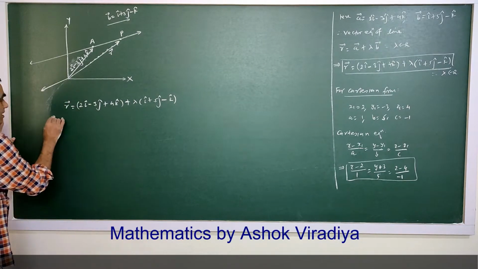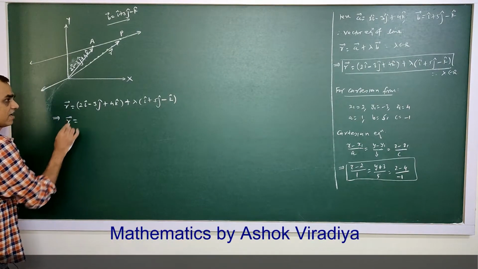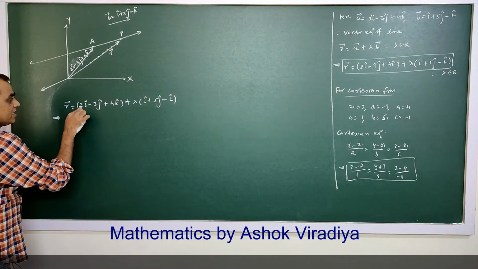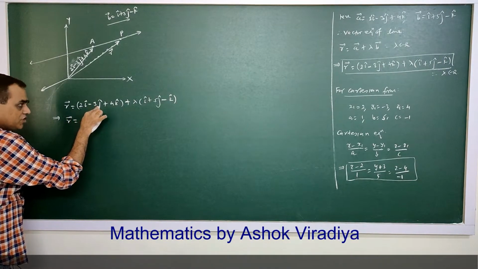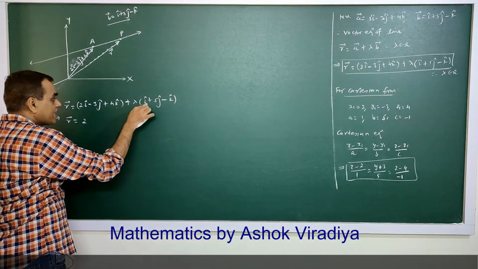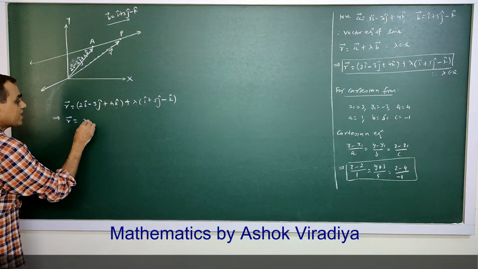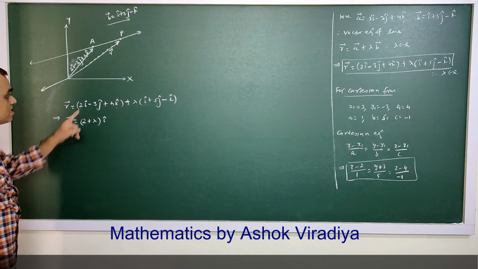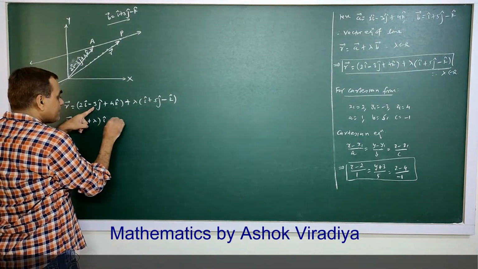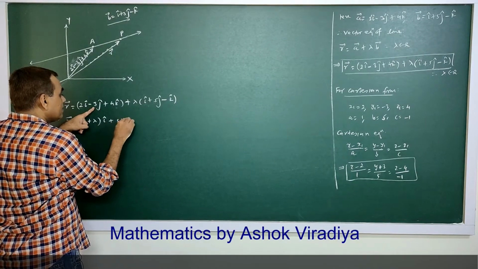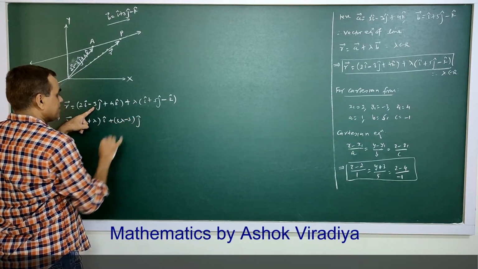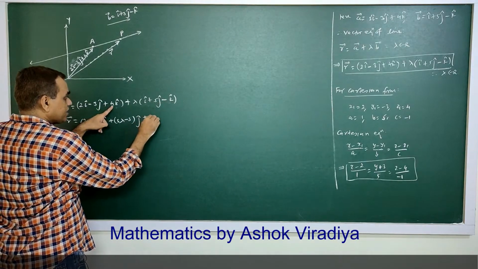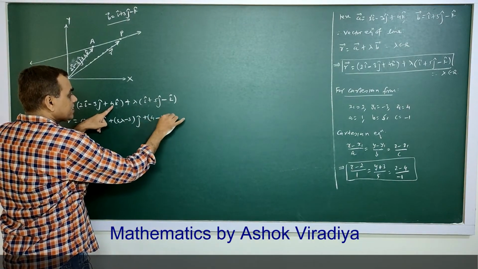So simplifying this, vector R is 2i minus 3j plus 4k. Here lambda times i, so it is (2 plus lambda) times i, (5 lambda minus 3) times j, and (4 minus lambda) times k.